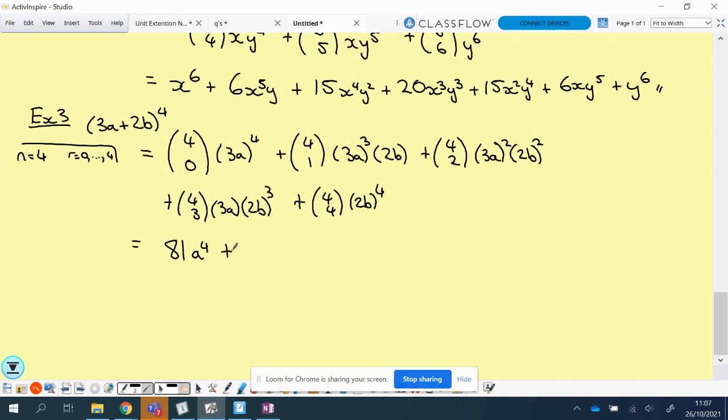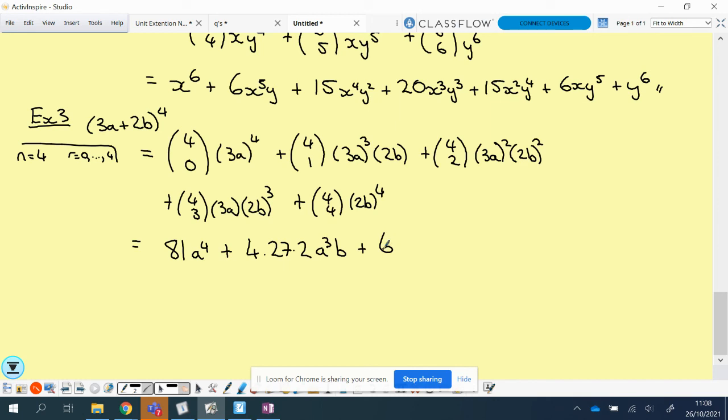Then 4 choose 1, that's going to be 4 multiplied by 3 cubed, that's 27. But I've also got to multiply that by a 2. So I've got 4 times 27 times 2 there. Then I'm going to have a cubed b. Then 4 choose 2, that is 6.